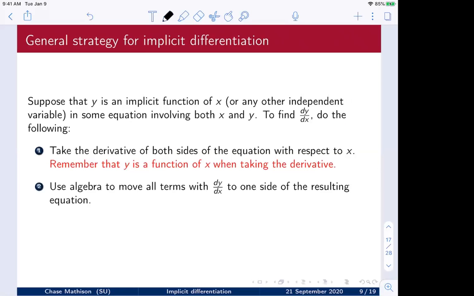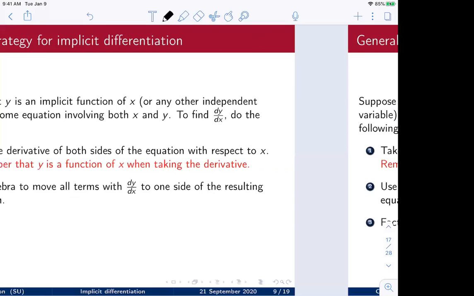Step 2, the rest of these problems is always just algebra. It could be kind of complicated algebra, but it's always just algebra, okay? So from there, after you take the derivative of both sides of an equation with respect to x, then you're going to move everything around until you have all of your dy dx's, or y primes, whatever you want to write, on one side of the equation.